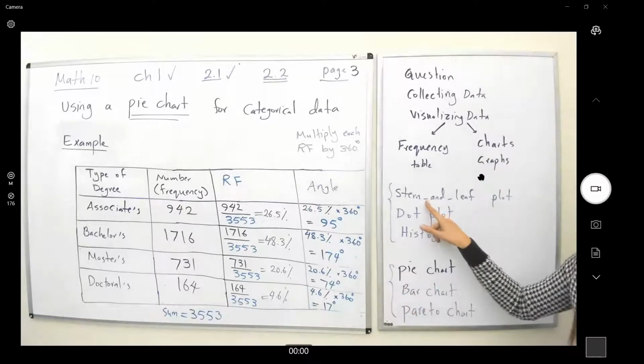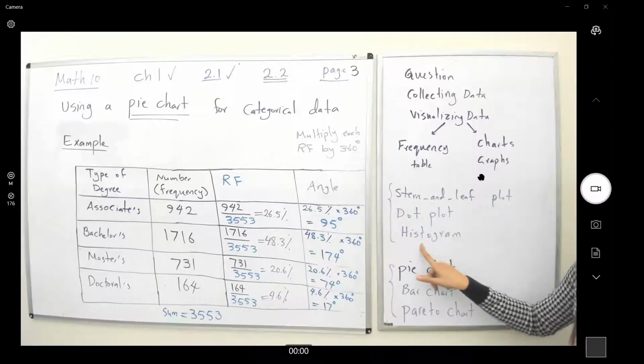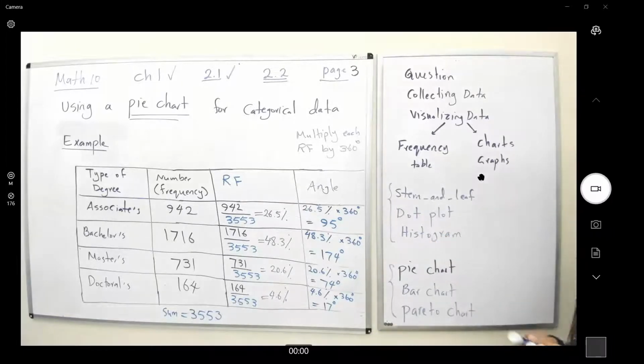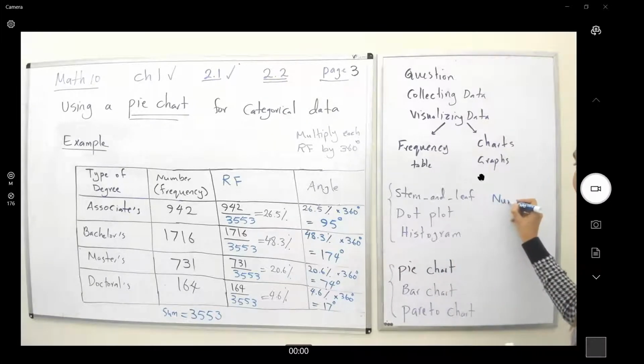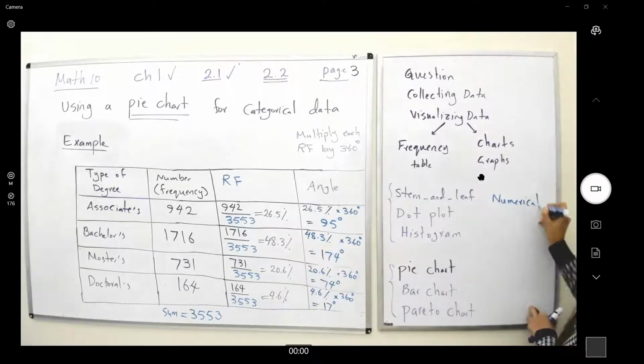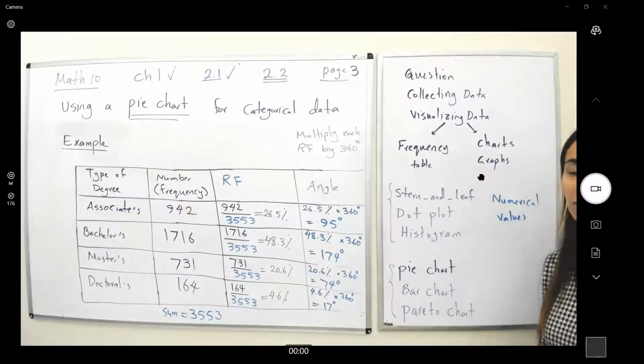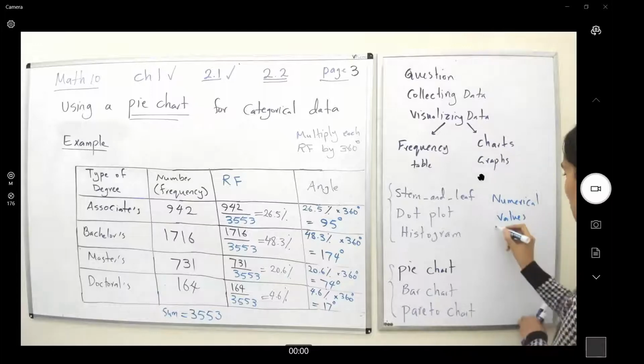Stem and leaf, dot plot, histogram, those are all for numerical values, or another name, quantitative.